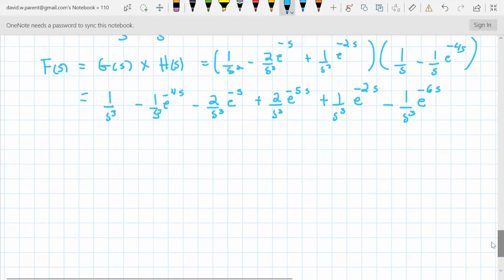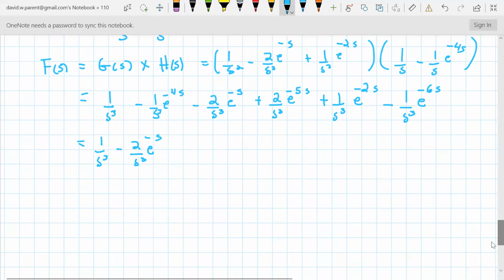Now really, I like to organize things in the order that they happened. So this is 1 over s cubed. The next thing is I just have a delay of 1, so that's minus 2 over s cubed e to the minus s.